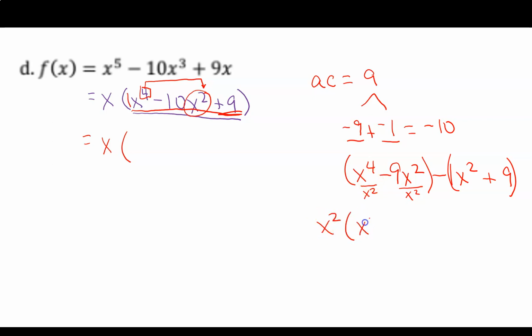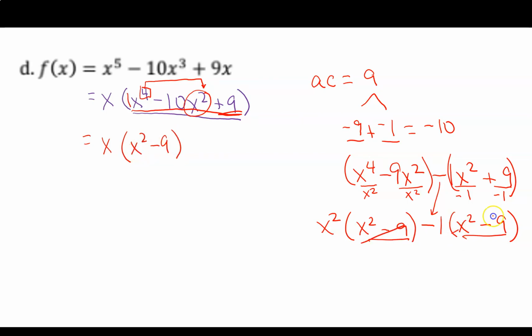And I would have x squared minus 9 left over. Minus sign in between. I could divide these just by 1. And I'd have x squared. Oh, that's really a negative 1, sorry, because we had a minus sign that we factored out. So x squared minus 9, which means that my factors for this are x squared minus 9. And once I use that one, I have x squared minus 1 left over.